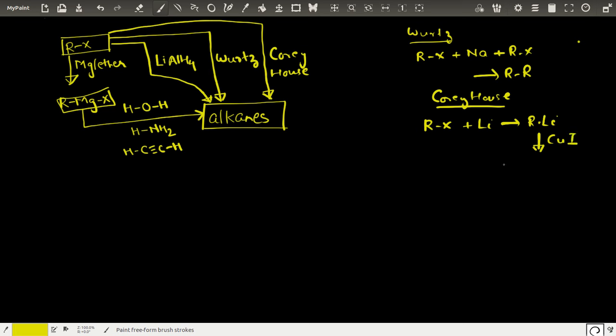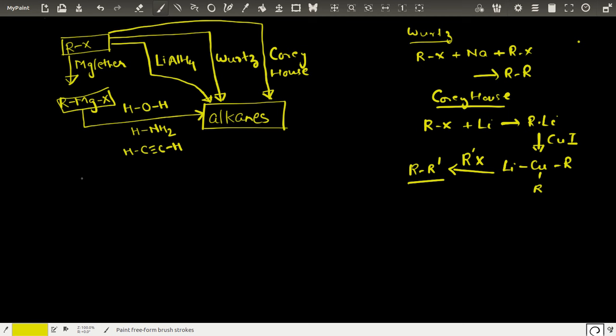What is Gilman's reagent? Lithium dialkyl cuprate. So it is lithium, copper, and we have two molecules of R. Now the asymmetry can be introduced by reacting this further with a different alkyl halide. So ultimately we end up getting RR dash. So we can see over here it's a highly asymmetrical thing, so we can use this reaction.